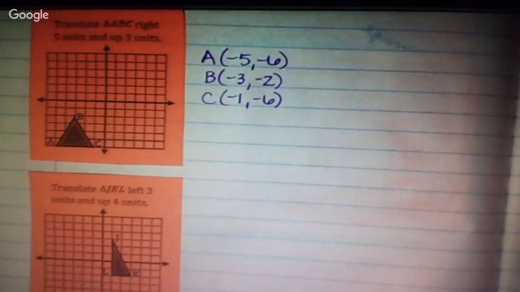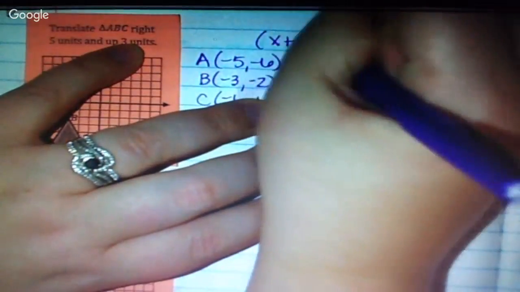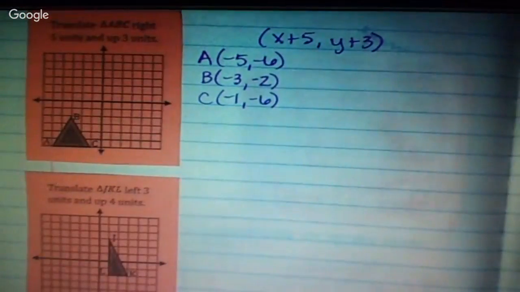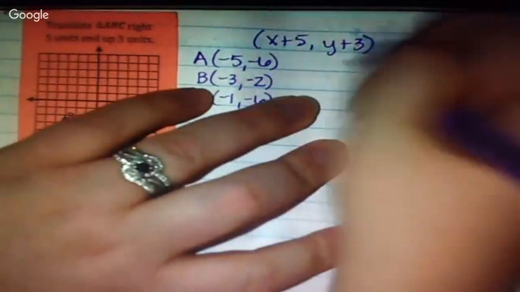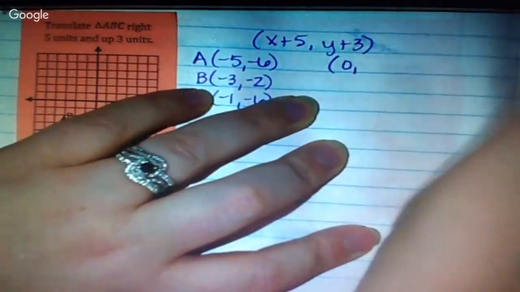So my rule says I want to translate triangle ABC to the right 5 units and up 3 units. So what does my rule look like if I'm going to the right by 5? X plus 5 and Y plus 3. So we need to take each one of my X values and add 5, and take each one of my Y values and add 3. So my X value for A should be 0, good.